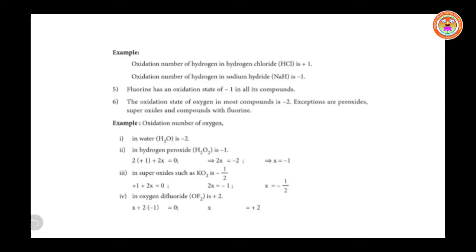For example, in water, the oxidation state of oxygen is minus 2. Water is the normal oxide of hydrogen, isn't it? Here also we can check it. Water is H2O. There are two hydrogens, so 2 into the oxidation state of hydrogen, which is plus 1.